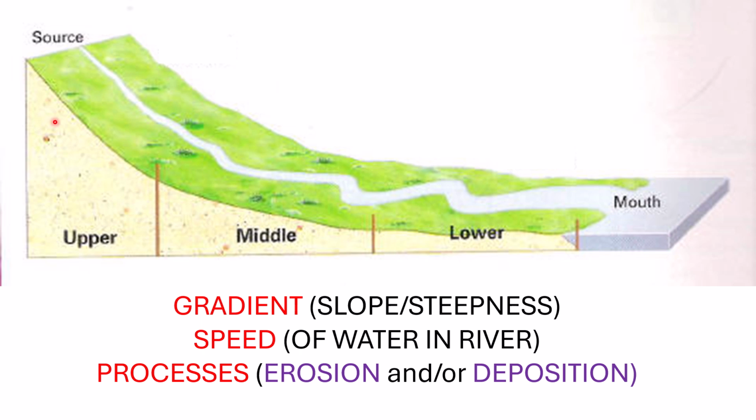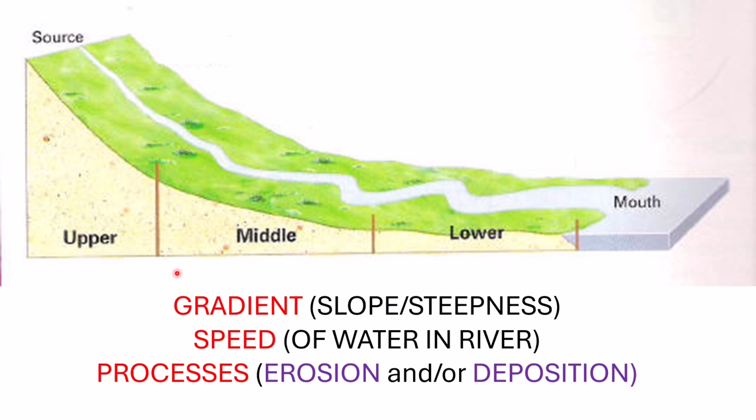The upper course of the river is that section of the river closest to its start or its source or origin. It then travels downslope towards the ocean or towards the lake, and its mouth is found in the lower course.